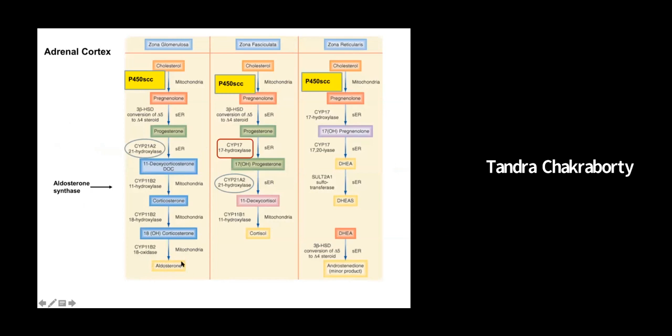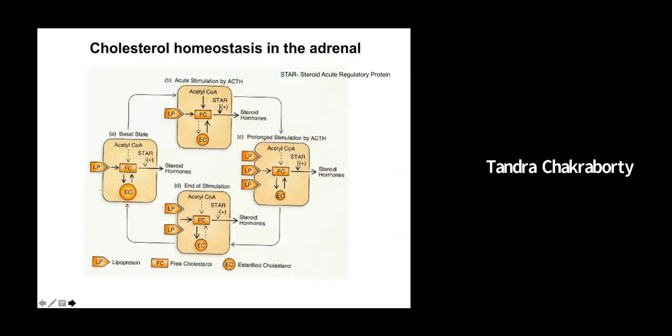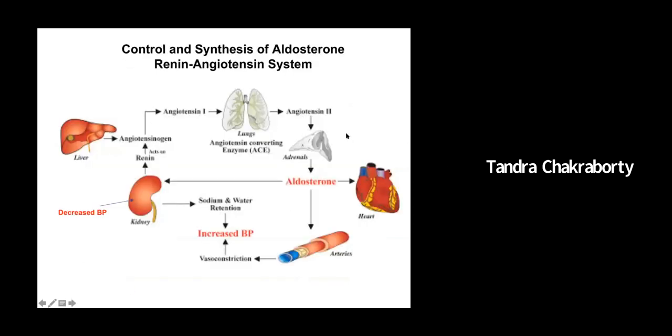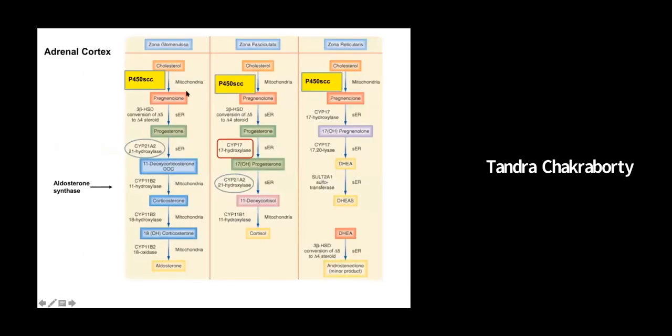So this is only produced under the action of angiotensin II. So angiotensin II acts at the different levels. It acts at all of these enzymatic levels. It acts on all of these enzymes in order for aldosterone to be produced.